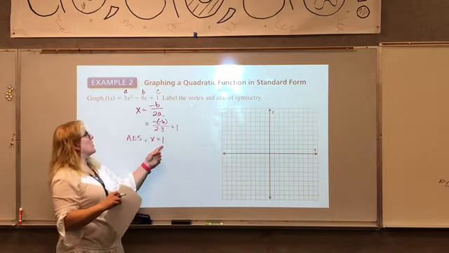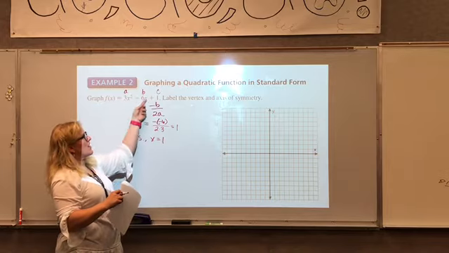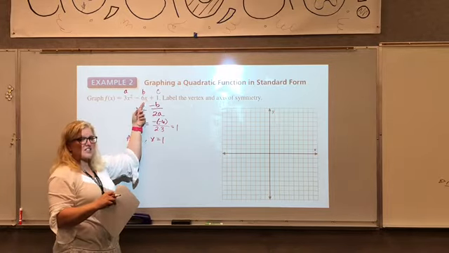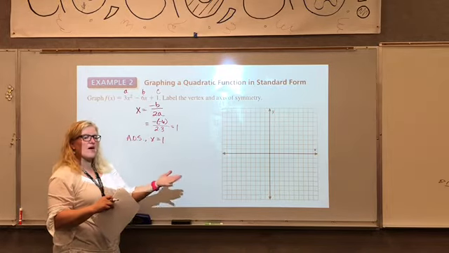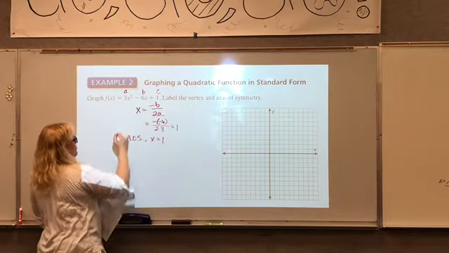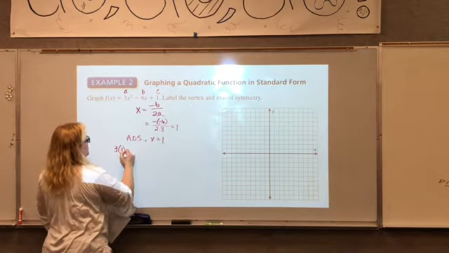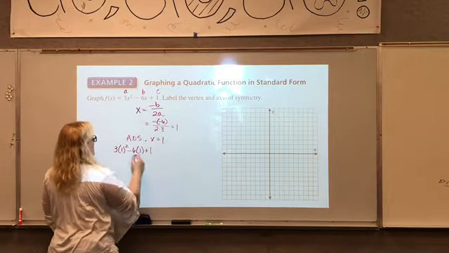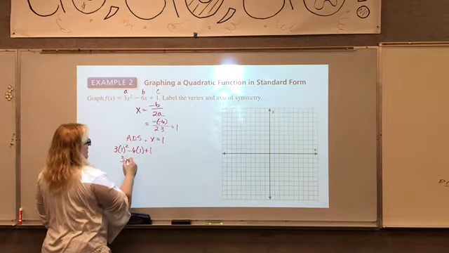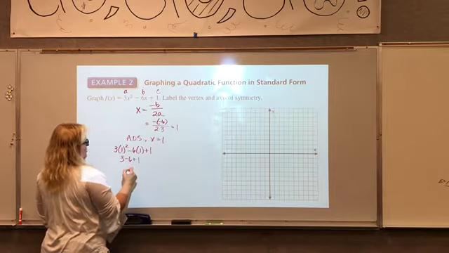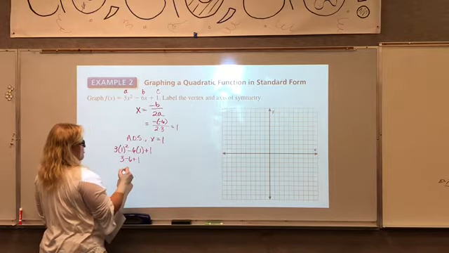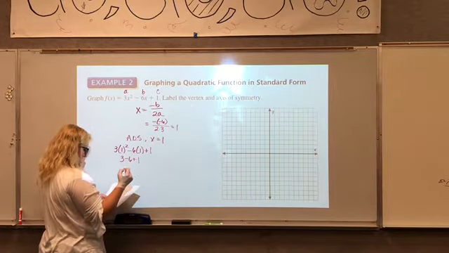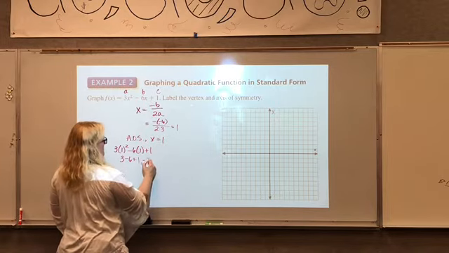Now I take this 1 and I plug it into my original equation to get the y value for my vertex. So 3 times 1 squared minus 6 times 1 plus 1 is 3 minus 6 plus 1, which is negative 2, right? I think so. Yep, negative 2.